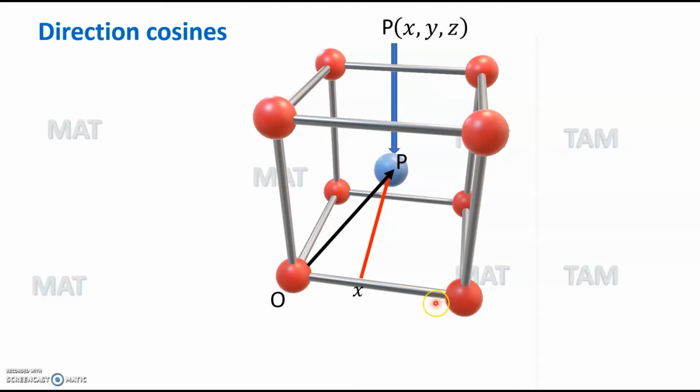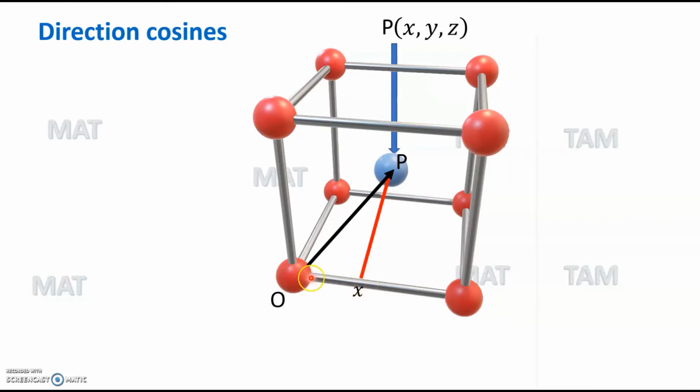Can you start to visualize a right angle triangle, O, X, and P? It's not flat on the XY plane or XZ plane, but it's somewhere inside this three-dimensional space and it has its own plane. So this is the triangle that we're going to consider in calculating direction cosine.